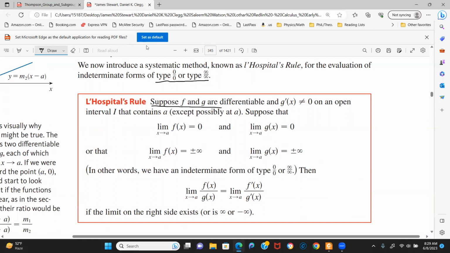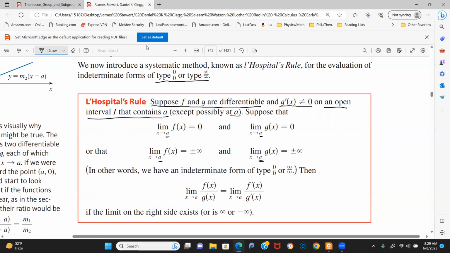You start with f and g being differentiable, and this is going to be basically every function that we're dealing with, so we don't even have to worry about that part of the statement. Then we say that the derivative of g of x is non-zero on an open interval I that contains a, but maybe it could be zero at a. And a is the point where we're taking this limit right here.